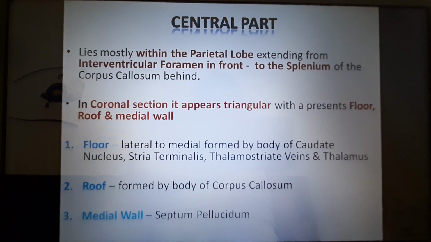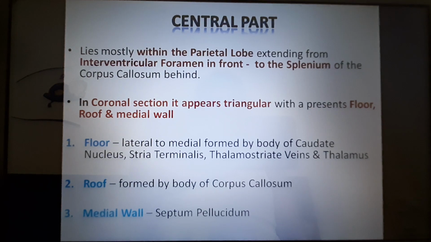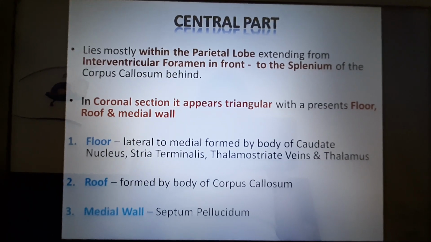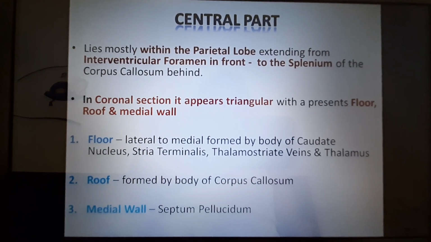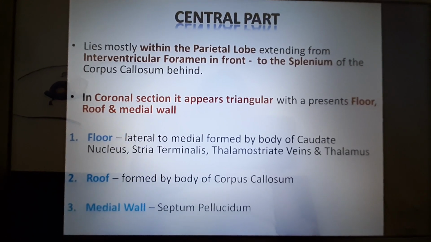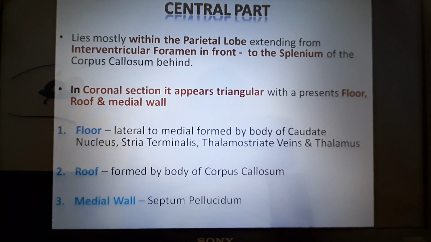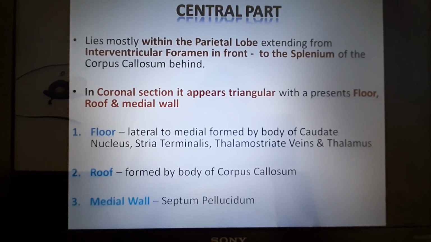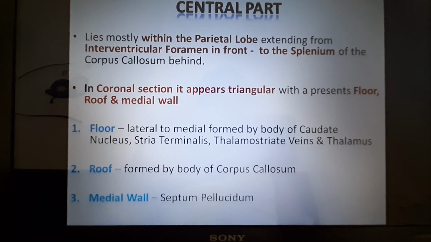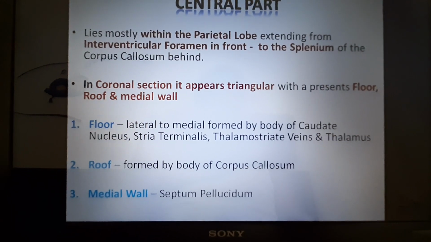Now we come to the central part of the lateral ventricle, which is mostly lying within the parietal lobe, extending from the interventricular foramen anteriorly to the splenium of the corpus callosum behind. In the coronal section of the brain, it appears triangular, so it has a floor, a roof, and a medial wall.